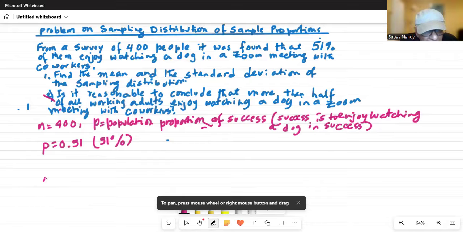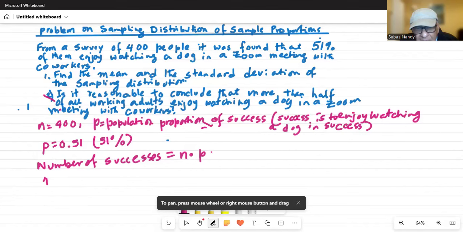So first we calculate the number of successes. The number of successes is equal to n times p. In this case it is 400 multiplied by 0.51, which is the population proportion of success.